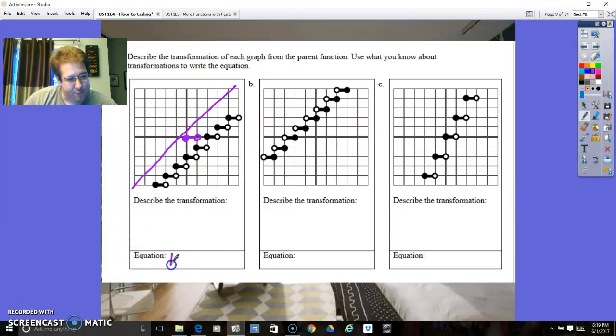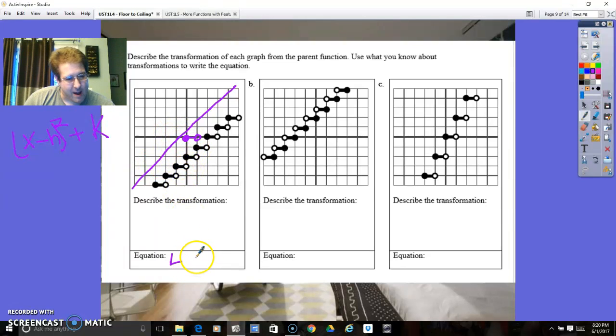Now, first of all, this is a floor function. And just like quadratics, if you remember the vertex form, x minus h squared plus k, everything inside the parentheses was the opposite. So inside the parentheses moved it left to right, and minus made it move right, and plus made it move left. Same thing goes for floor and ceiling functions.